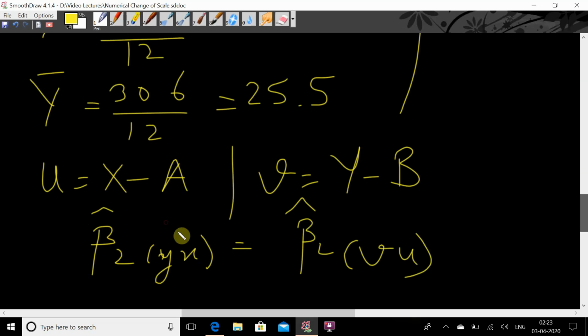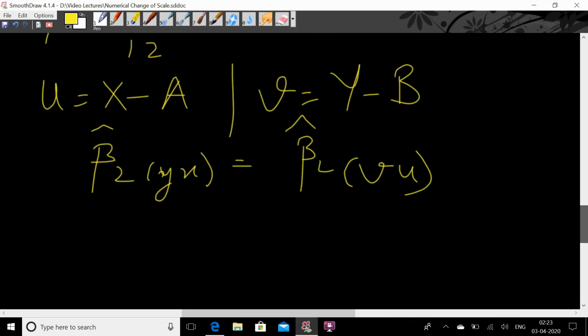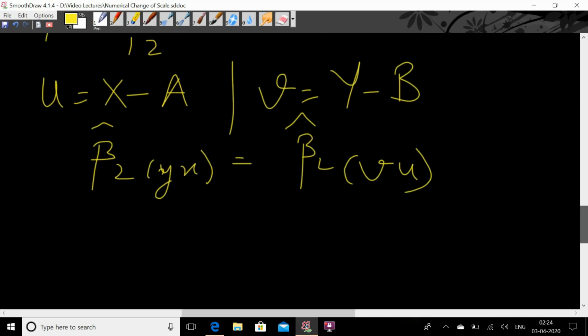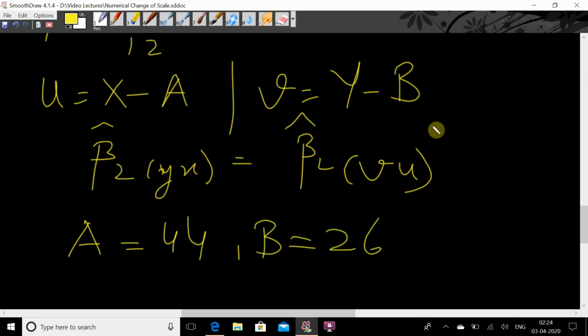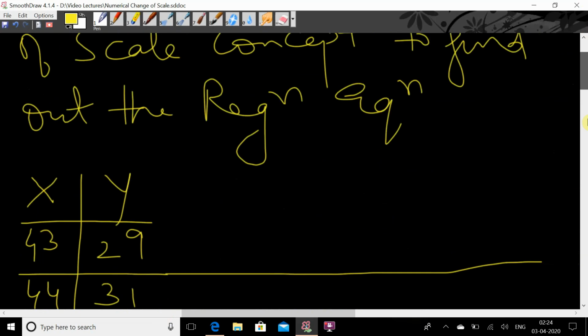Now how do we choose u and v? Basically, how do we choose a and b? a and b are chosen in such a way that they are closer to the mean. So for example, we can choose a to be 44 and b to be 26, though you can also take 43 and 25, that is up to you, the answer won't change. So we have to calculate the new series u and v.